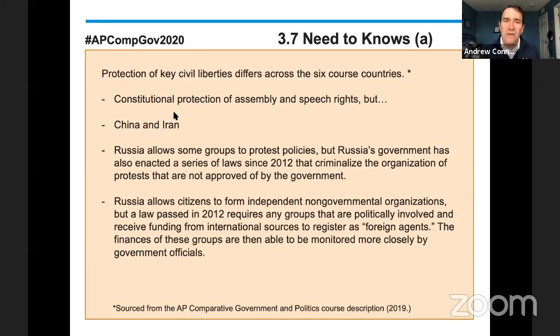And certainly we know that in any authoritarian regime or democracy, there are security protections that any government is going to take to prevent chaos on the streets. But we know that democracies are more likely to uphold civil liberties, even if that free speech or free assembly is criticizing the government. But that is not the case in China, Iran.